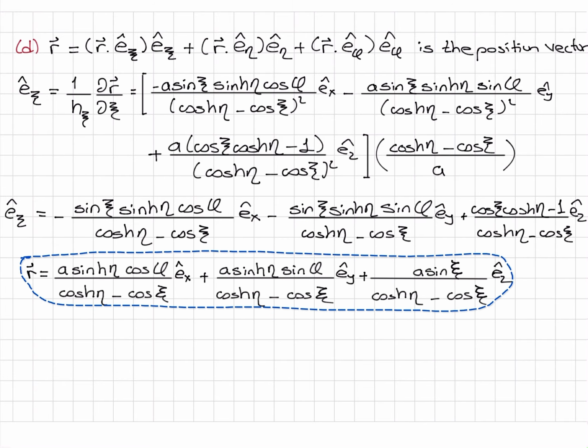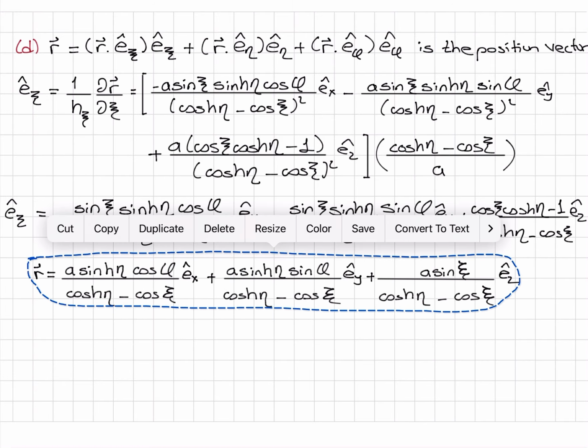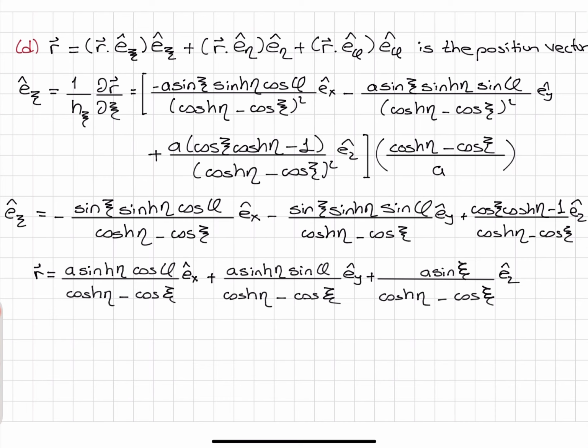Here is our position vector again. So I need to take the dot product R dot e psi hat. So R dot e psi hat will give me, you can see the x components will be multiplied.